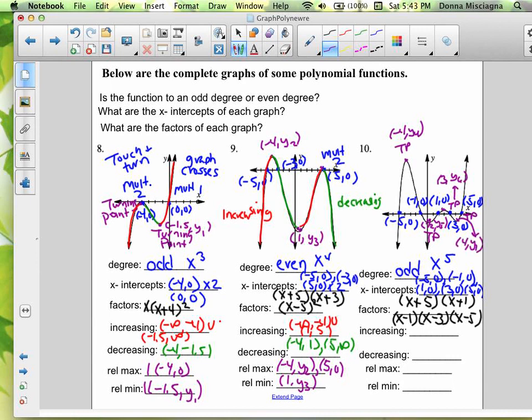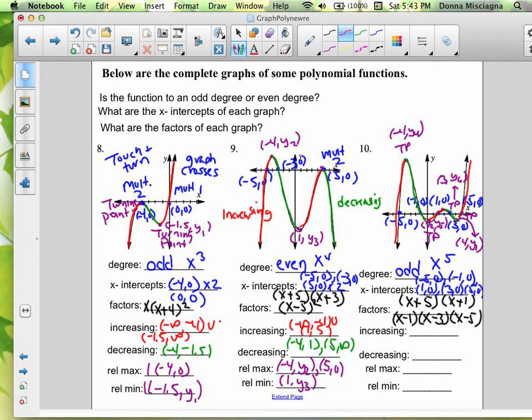So we're going to be increasing, and then we're decreasing. Whee! And then we turn around and we're increasing. And then we turn back and we're decreasing. Whee! And then forever and ever, we're going to be increasing.